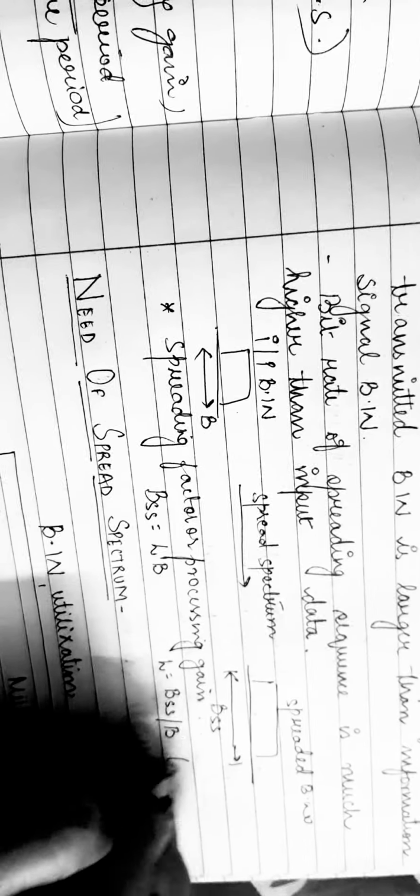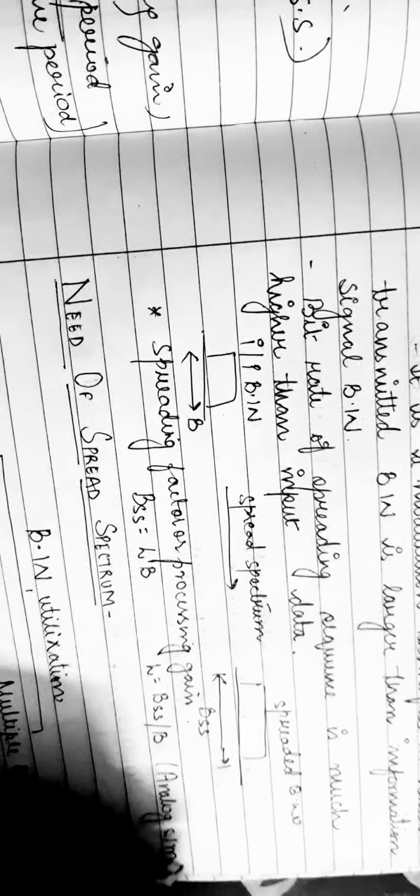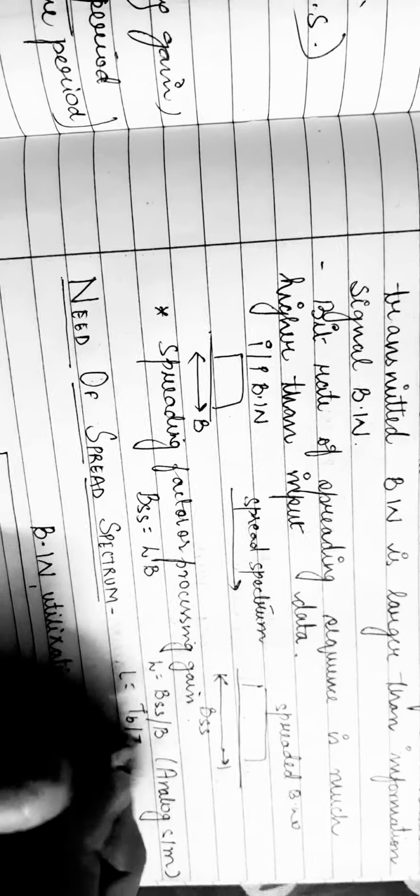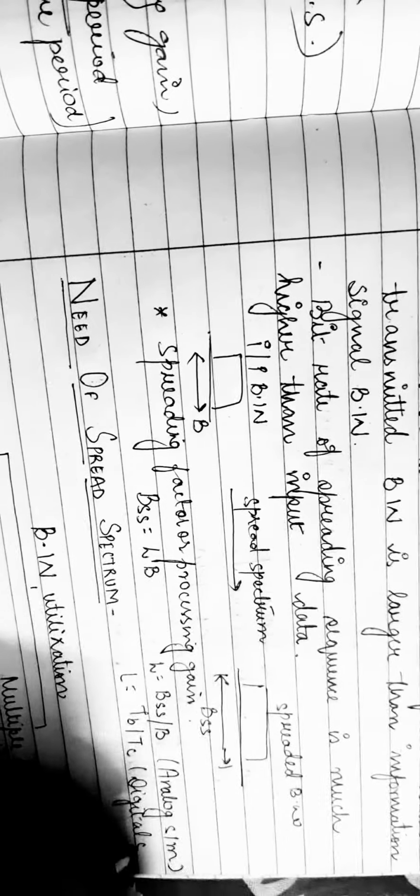This L equals BSS upon B is used in your analog system, while L equals TB upon TC is used in your digital system.